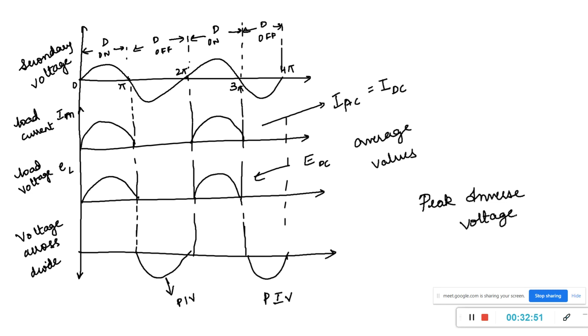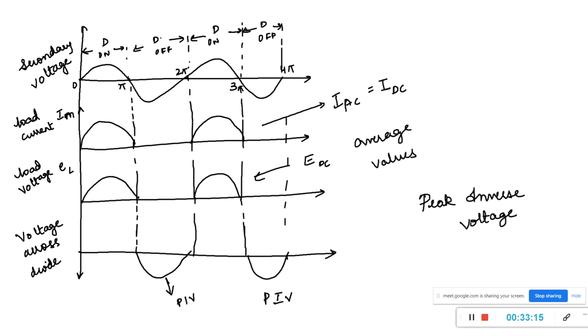Hope you have copied it down. So I'll just explain this. During the positive half cycle, the diode conducts, so voltage is applied and the current also flows in the clockwise direction. Hence, input is equal to output with some voltage drop, because across the resistance there is some voltage drop.